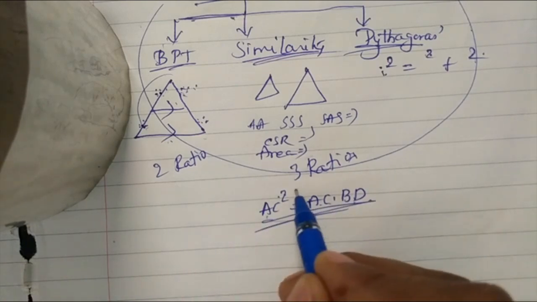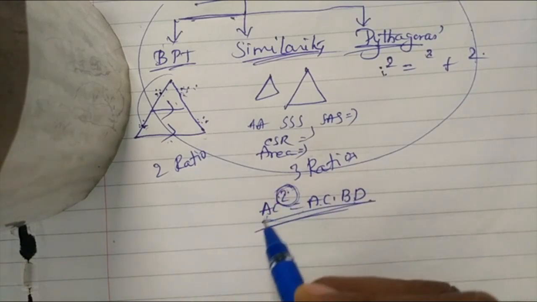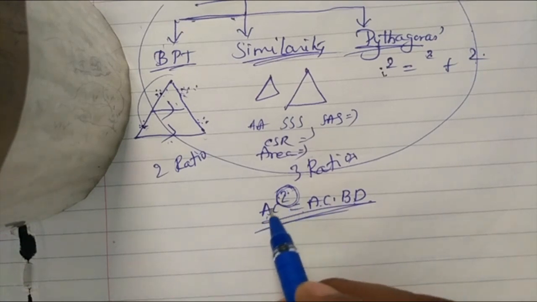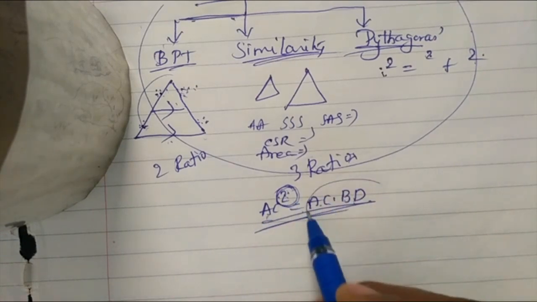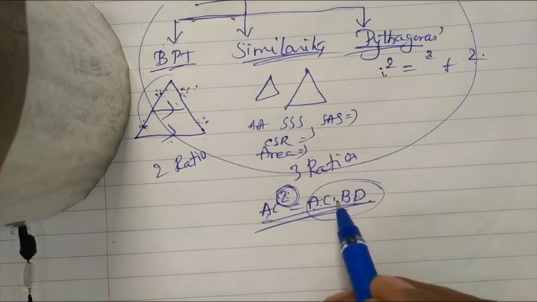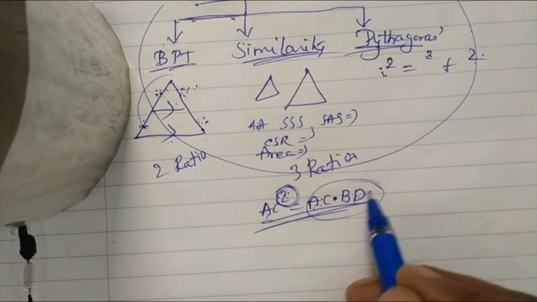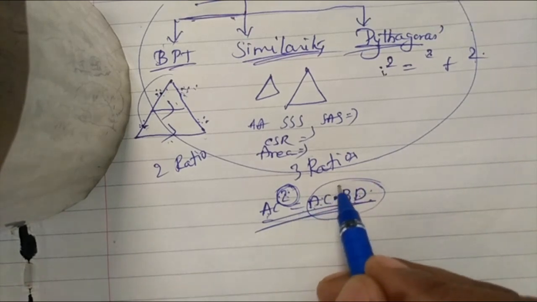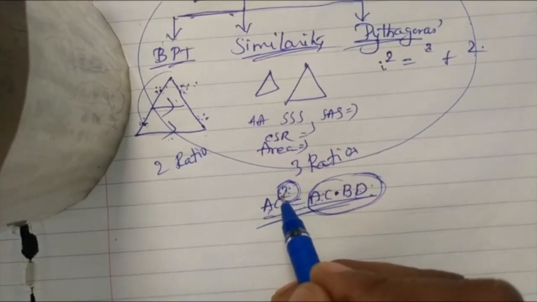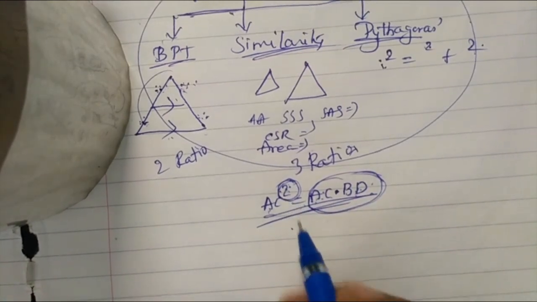After seeing this square, we think, oh, this is a Pythagoras theorem problem. No. Look here, AC square, but the right hand side is not squared. The right hand side is multiplied. So this multiplication and a single squaring type of question comes under similarity only.